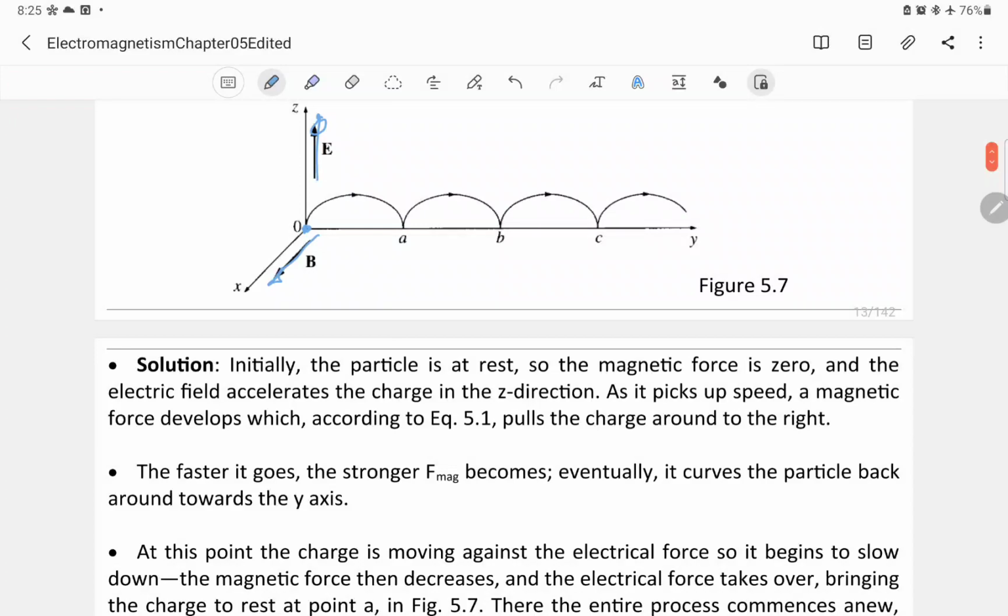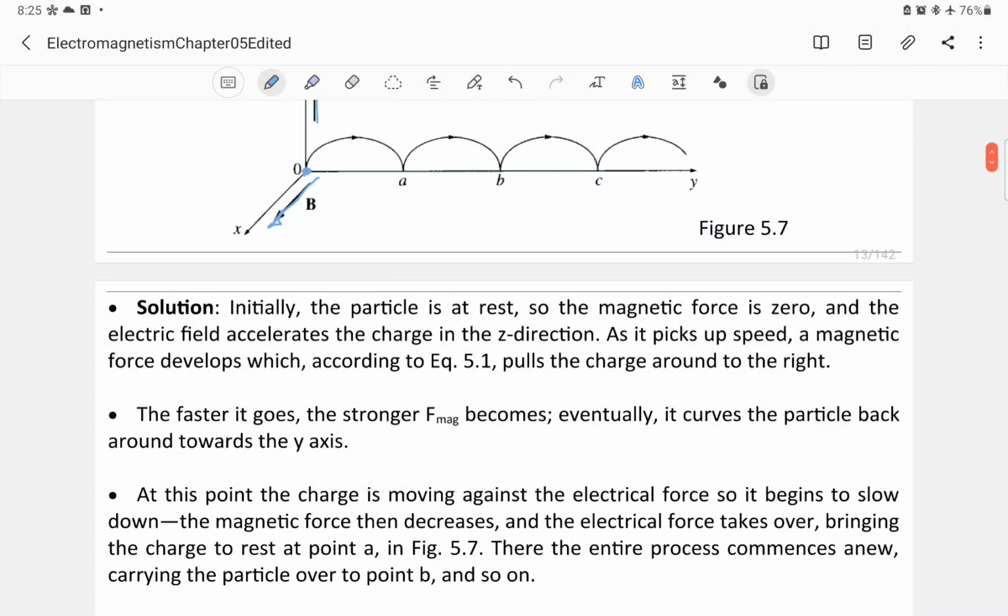So initially, the particle is at rest. So the magnetic force there is at first equal to 0 because there is no motion. And the electric field accelerates the charge in the z direction, so it pulls the charge up. And the magnetic force develops as the charge picks up speed. So the faster it goes, the stronger the magnetic force becomes, eventually it curves the particle back down towards the y-axis.